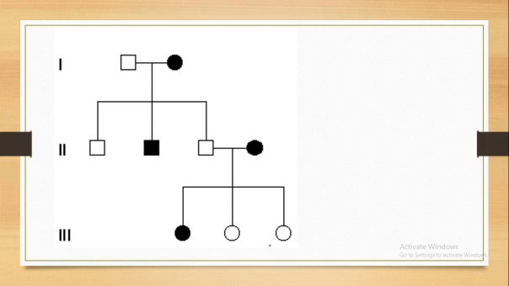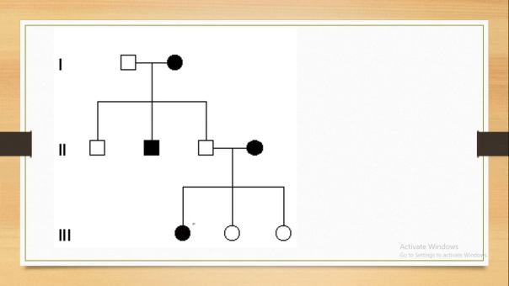Your first task is to check, among the 4 types that we have just discussed, which of the 4 types the given pedigree will fall under. First we have to decide that. Let us check one by one.